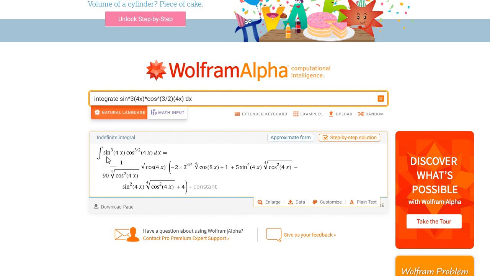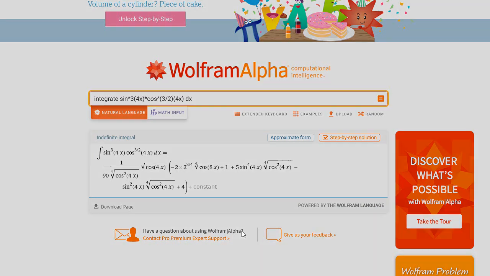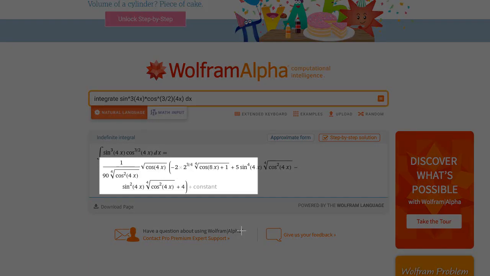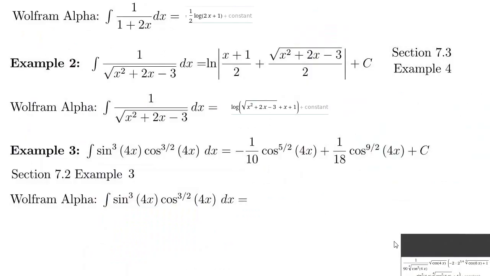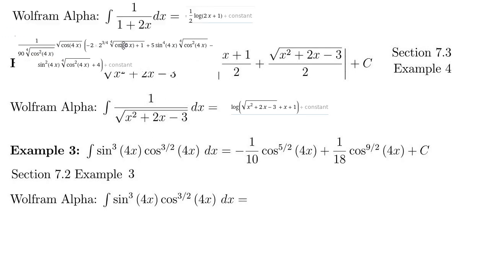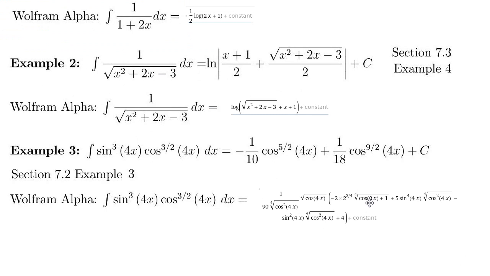That is indeed what we wanted to compute the integral of, and here we get this expression. So that's looking a bit messier than what we got by hand. So it popped it out of there pretty quick. There we go. However, it's not nearly as neat as what we got by hand.